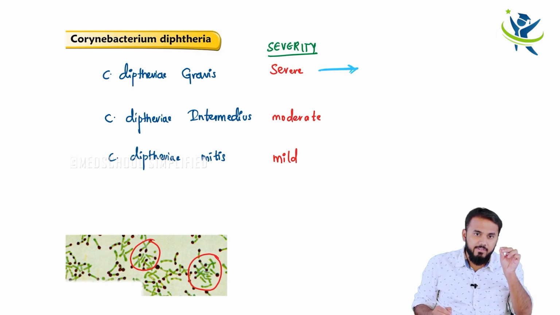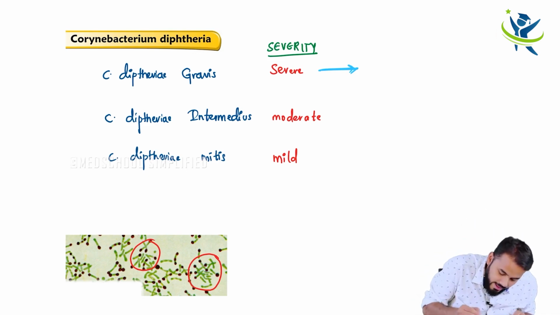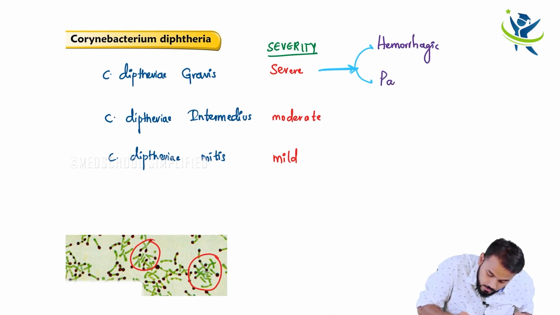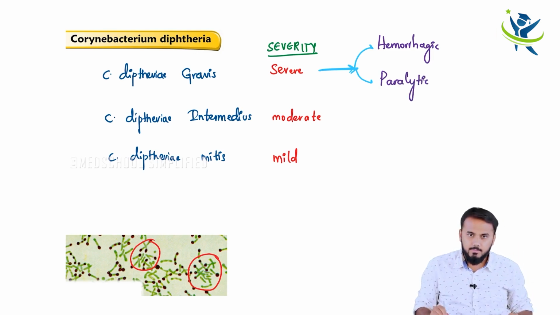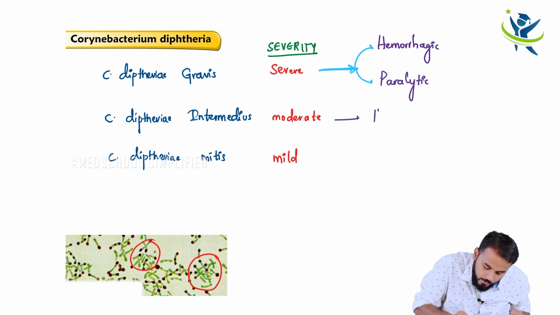Because once you are affected with Corynebacterium diphtheriae gravis, you are going to end up having hemorrhage as well as paralysis. So we call it the hemorrhagic form, and we also call it the paralytic form because you also end up having paralysis. Whereas in the moderate form, you only have hemorrhage.